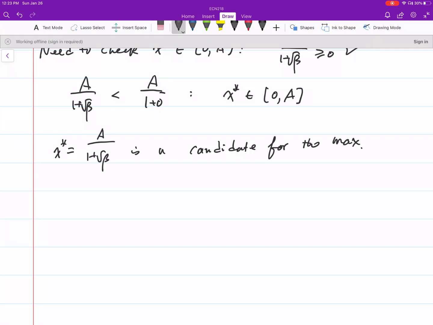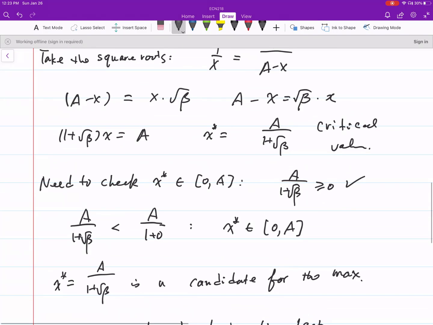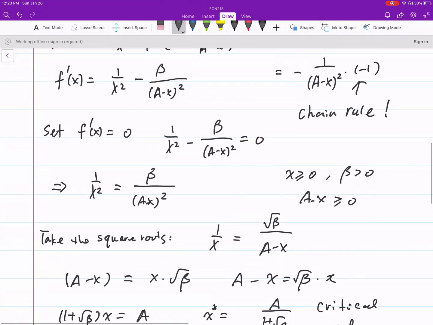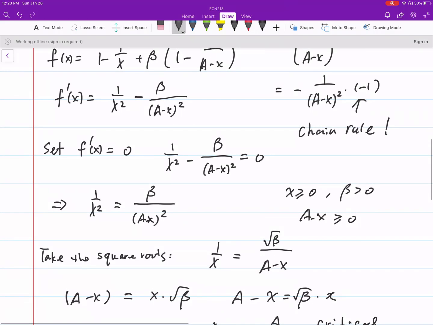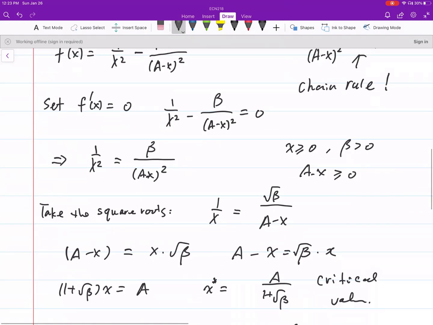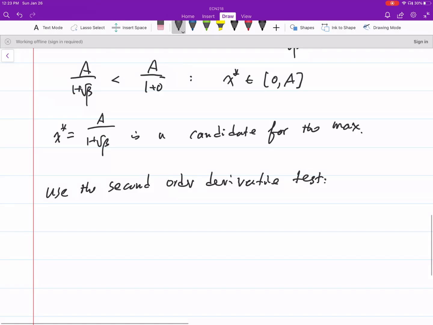So let's use the second order derivative test. Let's go back a little bit to see where the derivative is. The derivative is over here. So we are going to take the second order derivative.